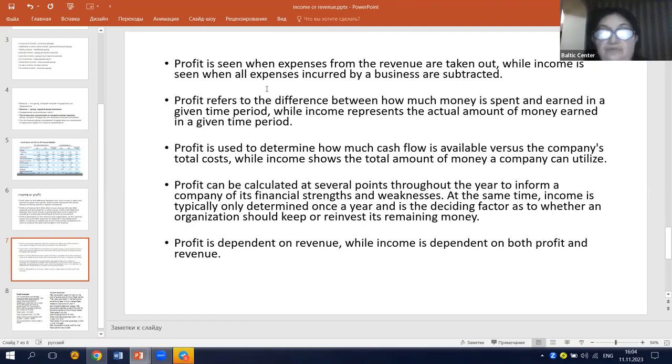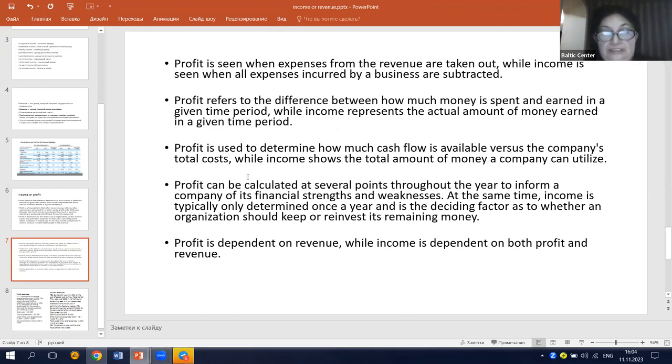So profit refers to the difference between how much money is spent or earned in a given period, while income represents the actual money earned in a given period. Profit is used to determine how much cash flow is available versus the company's total cost, and income shows the total amount of money a company can utilize.